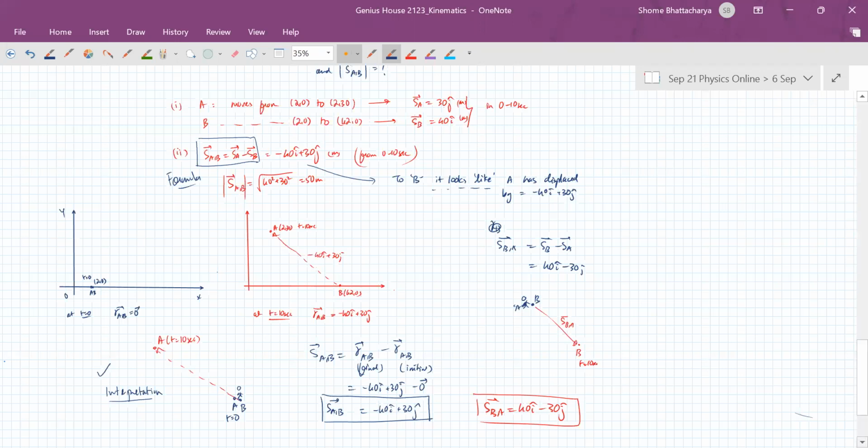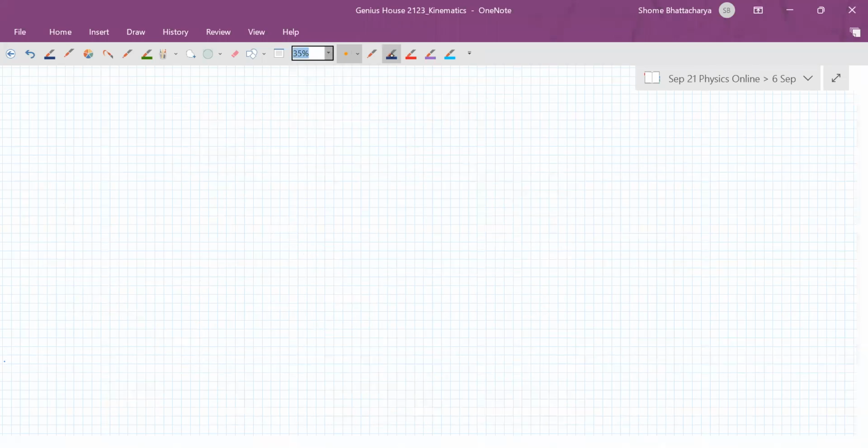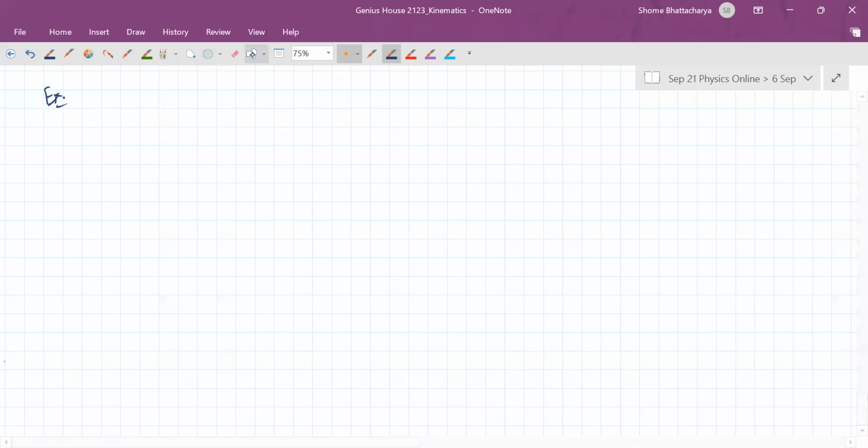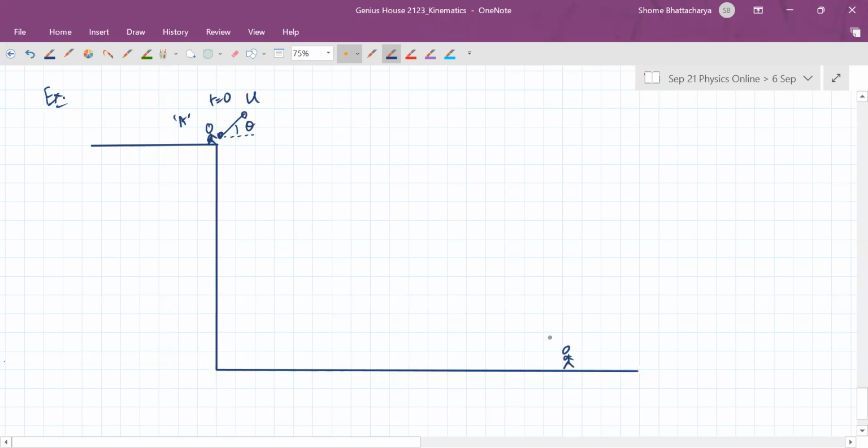Okay, now let's see this in an interesting application example. So what we have is this kind of situation. A person A who is at rest throws a ball like this at t equal to 0, and another person B is running at a uniform velocity like this on the horizontal ground.